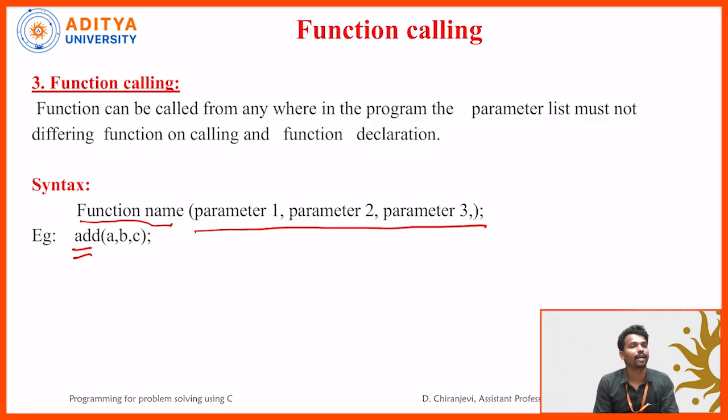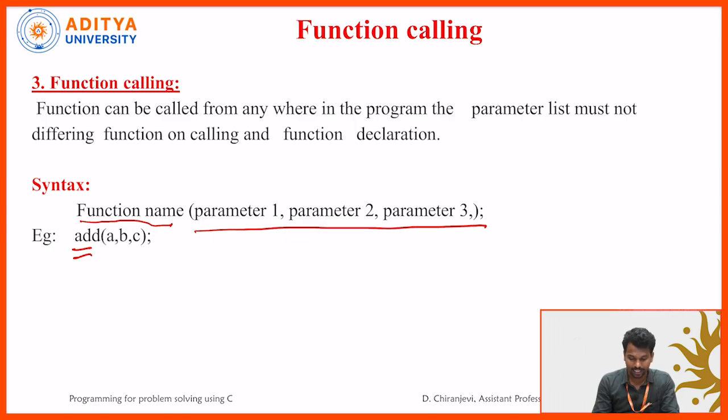Earlier we have taken the function name add. So when you call this add, from here control will go to the definition. After going to the definition, it will perform the job, then it will display the value. Okay, so this is the most important aspect of the function. If we do not call the function, the function will never execute.